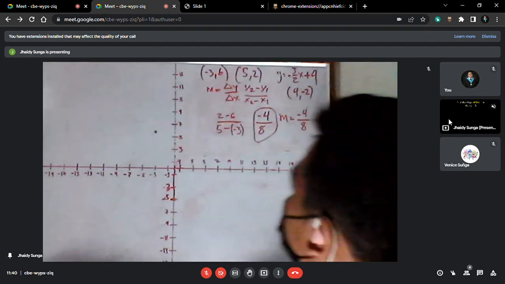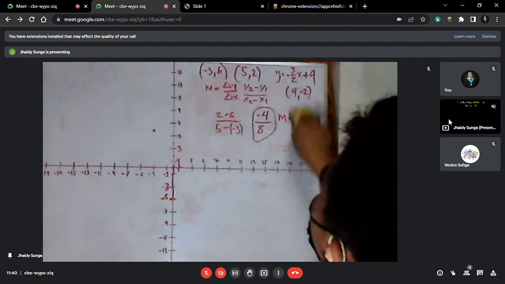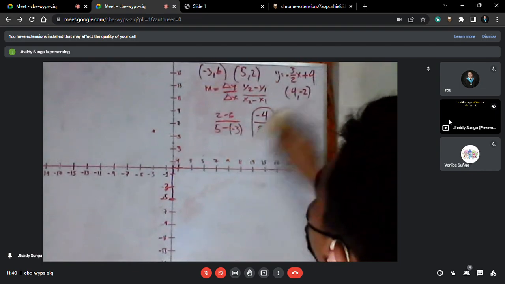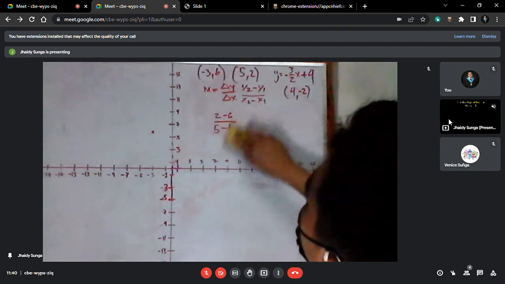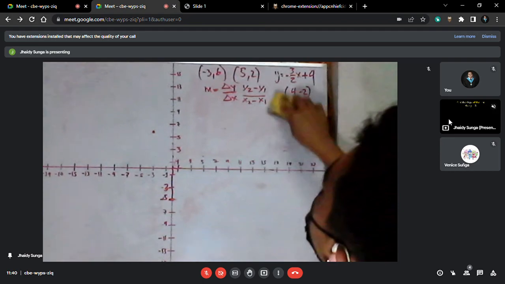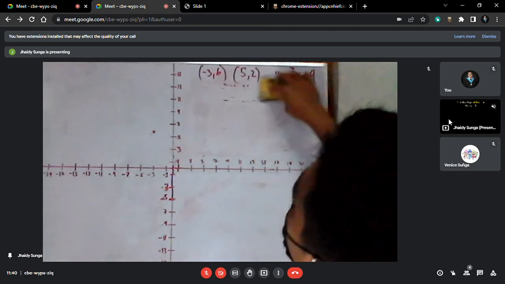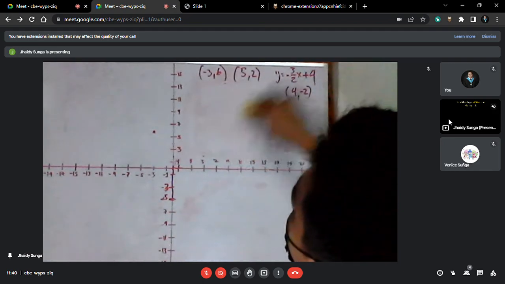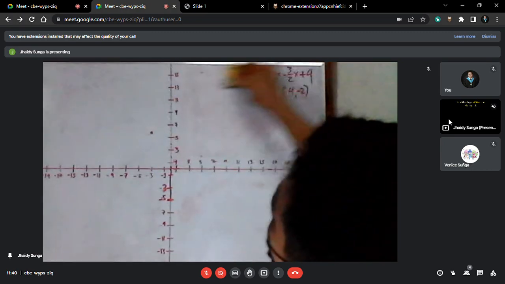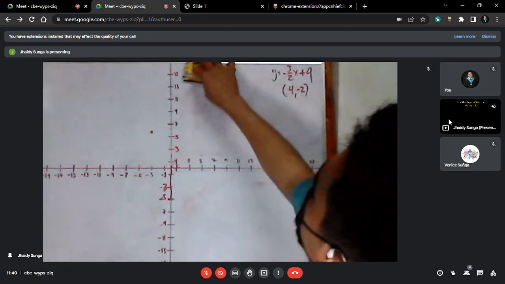We already know how to find our slope. I will be erasing this one. You know what the formula of our slope is already.